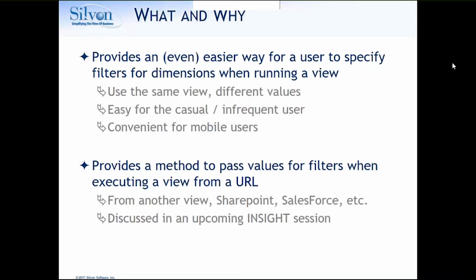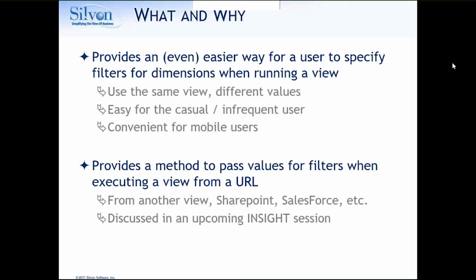As with everything, the more you use a product, the more fluent and comfortable you get with it. But there's still a segment of our user population that doesn't use Viewer day in and day out and know all the different ways that you can, in this example, filter. So it's a nice way to provide that functionality in a very easy way for them to use.